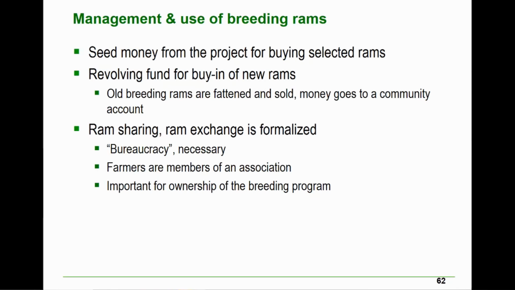The project was buying them, but the animals never left Ethiopia, they were left in place. But this also ensured that the animals were not sold for other purposes or slaughtered.